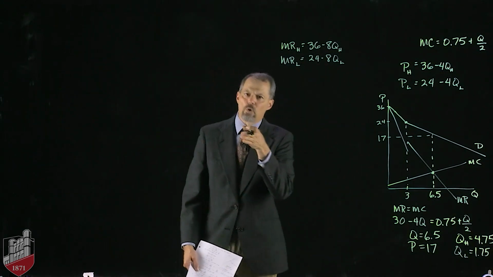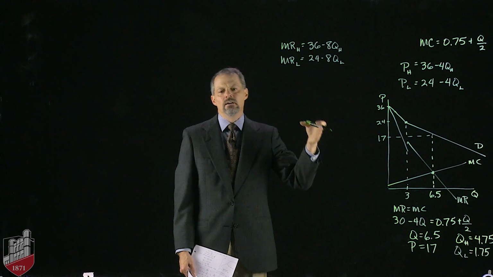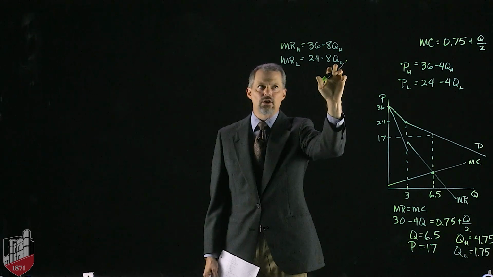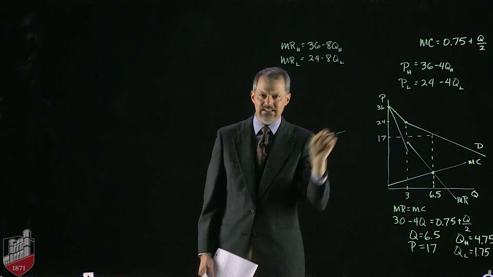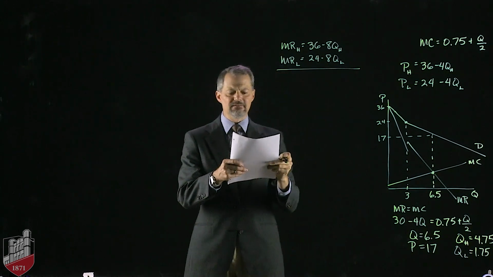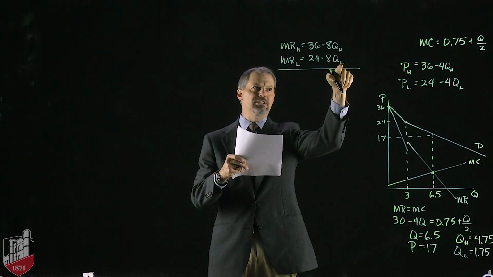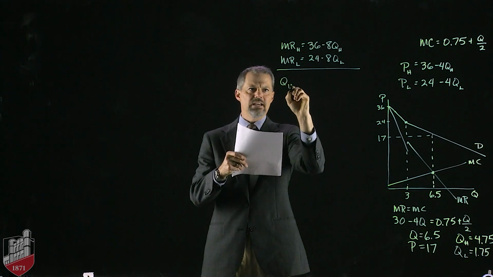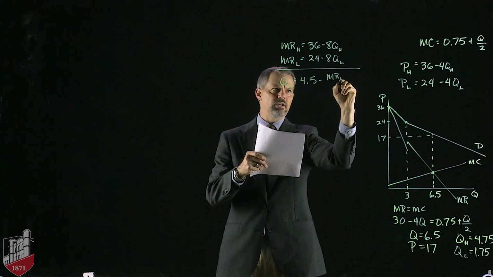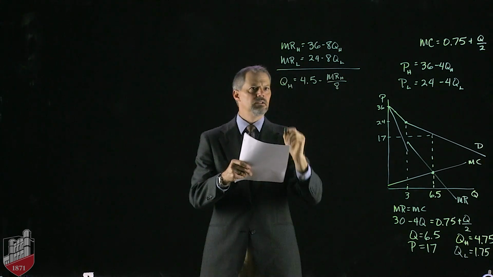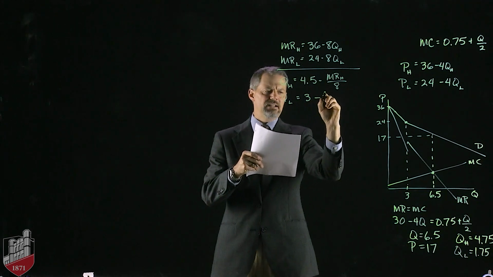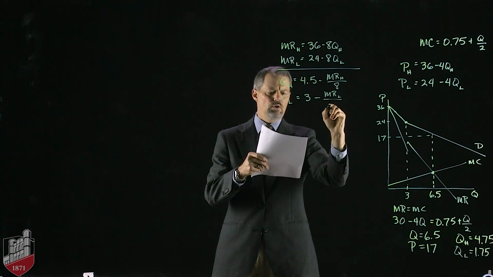Now, we need to horizontally sum them. In order to horizontally sum, we have to invert those two things to solve for Q, because we're going to be adding the quantities up. I'm going to save you some algebra here, but if we invert those two to solve for QH and QL, we're going to get this: QH is equal to 4.5 minus marginal revenue H over 8, and QL is equal to 3 minus marginal revenue L over 8.